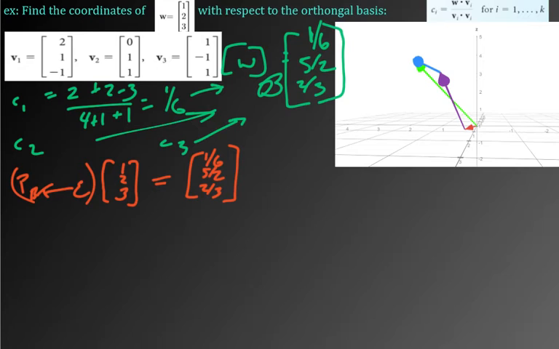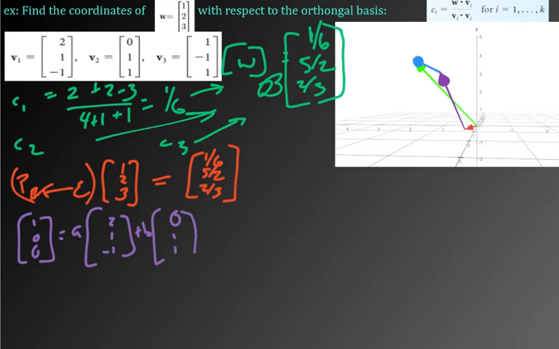To do this, we just need to write the basis vectors of the standard basis in terms of these new orthogonal basis vectors. So what we basically need is i hat, 1, 0, 0, to be written in terms of some combination of V1, V2, and V3.